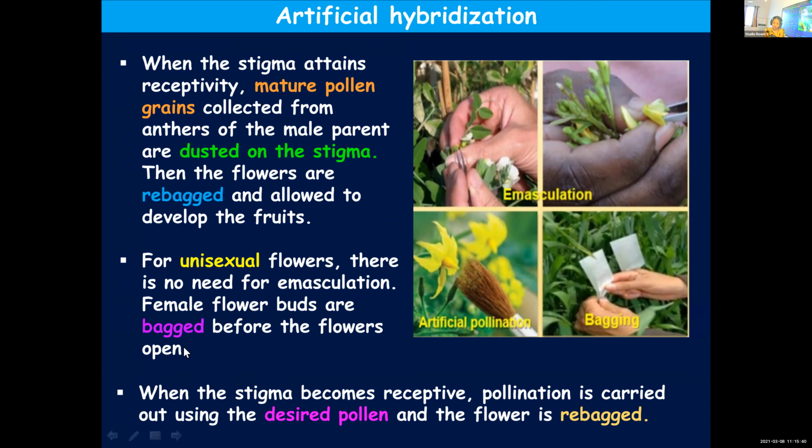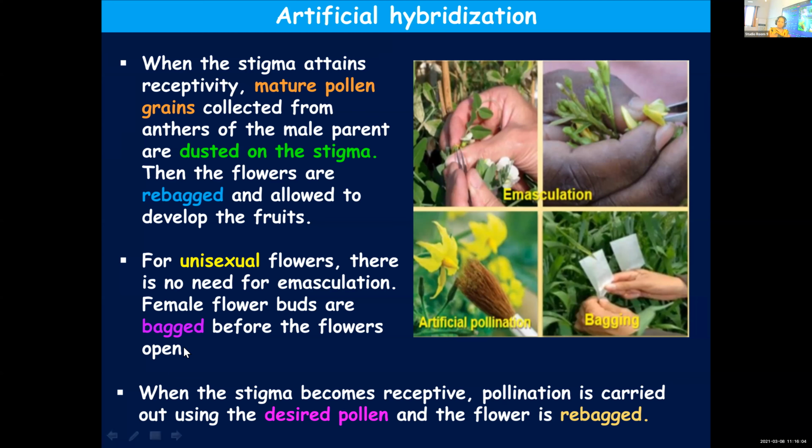And if it is a bisexual flower, first we will remove the anthers. And after removing the anthers, we will cover the stigma of the flower with a bag made out of butter paper. And we call this process bagging. And then the plant breeder will wait till the stigma attains receptivity.